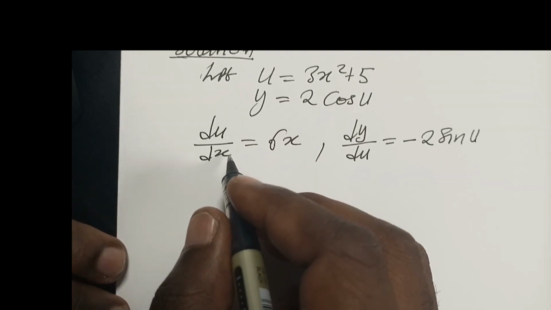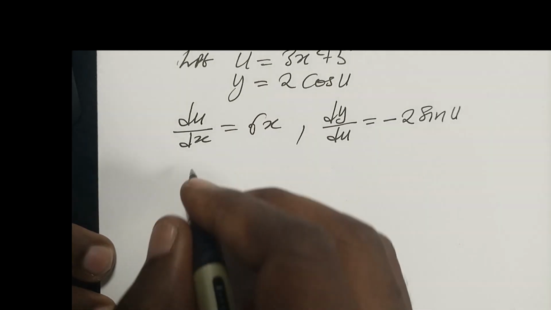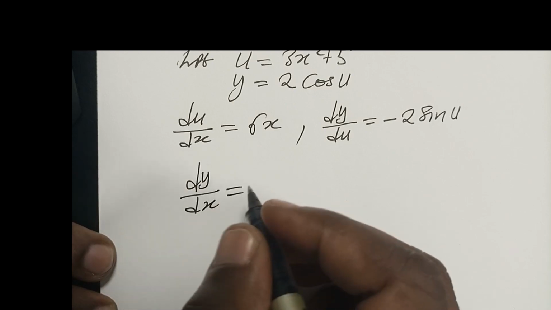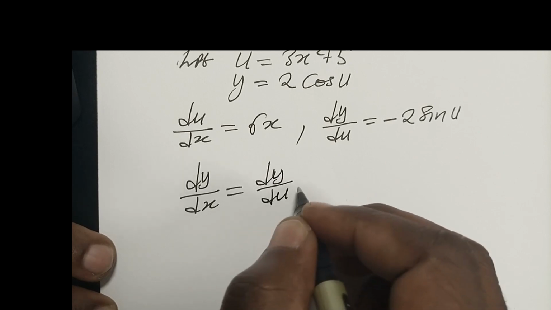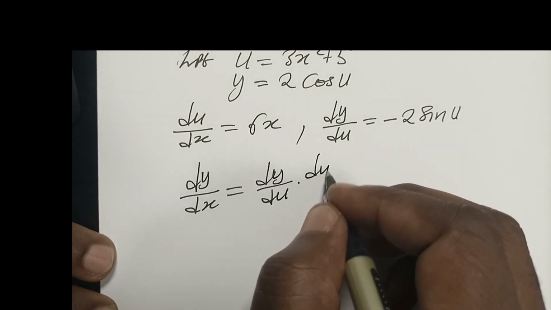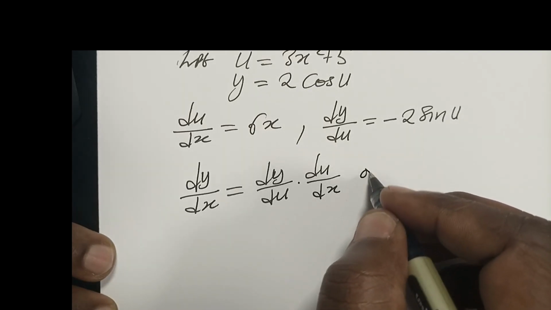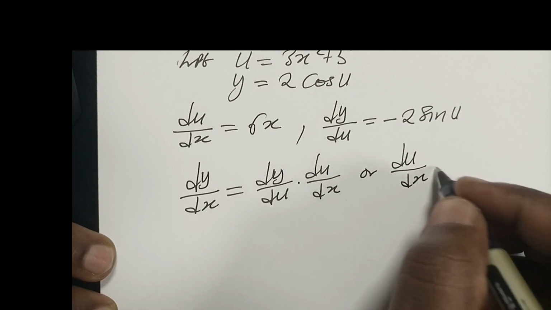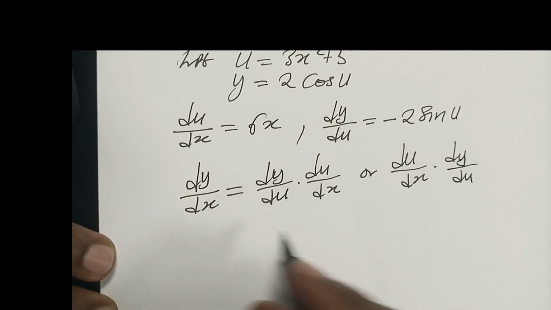So your dy/dx is given by the product of dy/du times du/dx, or you can also write du/dx times dy/du.